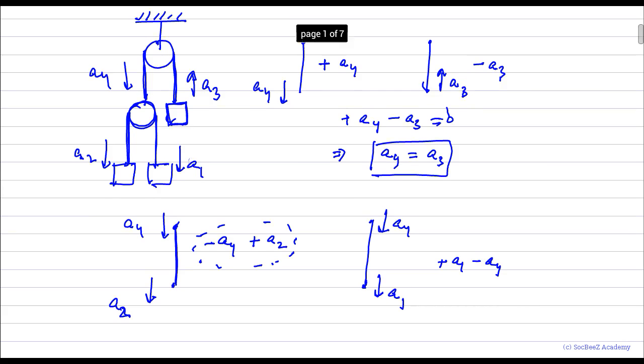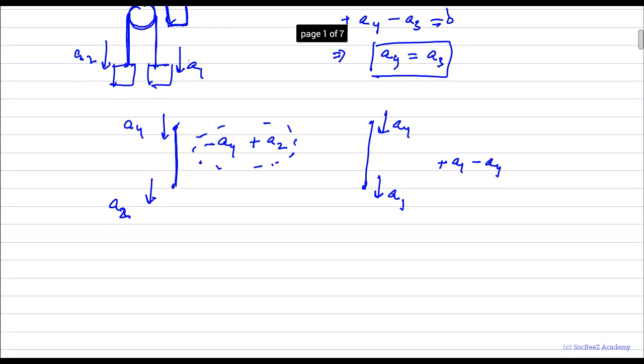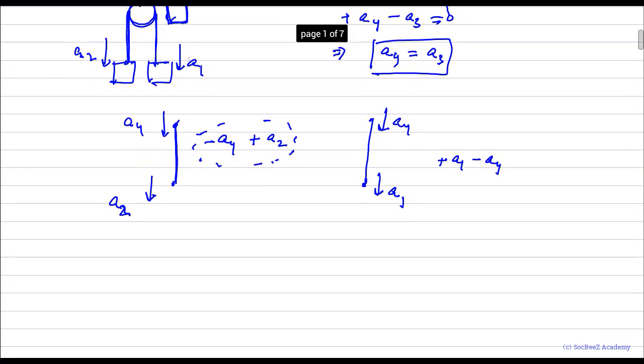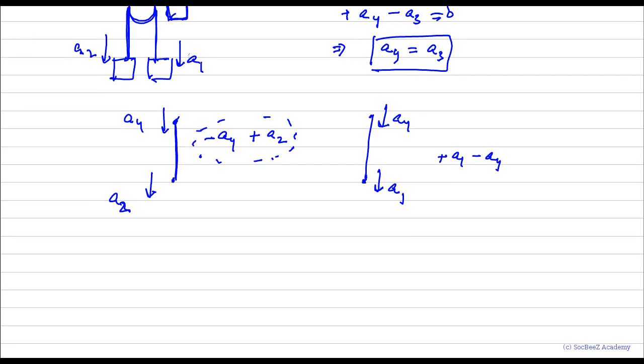Now if I write down the constraint relationship for the whole second string, I'll write down minus a4 plus a2 plus a1 minus a4 equal to 0, which gives me the constraint relationship as a2 plus a1 minus 2a4 equals 0.